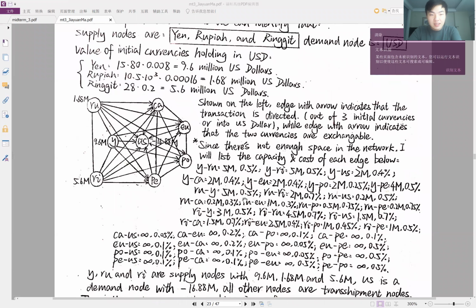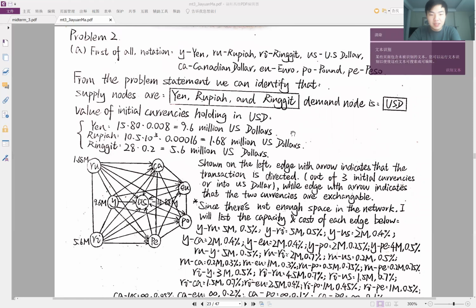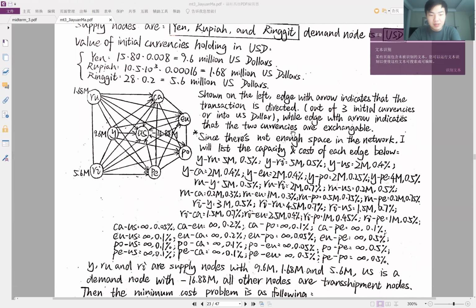And we can see the supply nodes obviously are the three initial holdings we have: yen and the other two, the three Asian currencies that our main character is holding at first. And our demand node is definitely USD because we want to convert everything to USD, right?